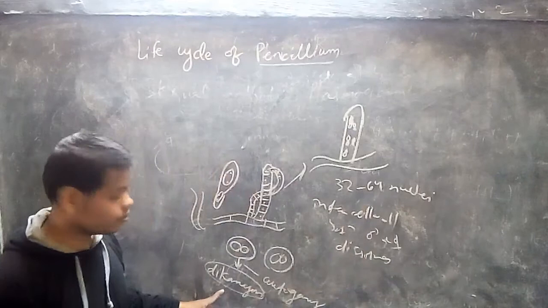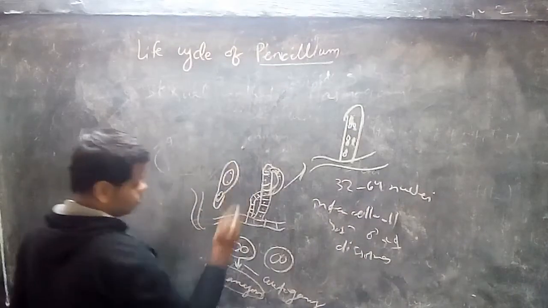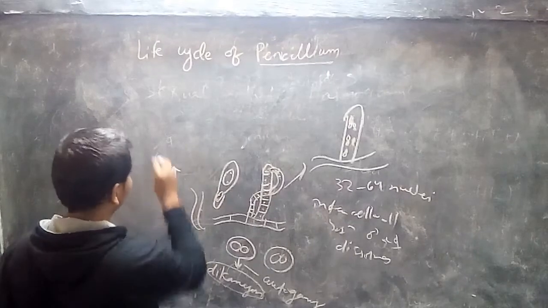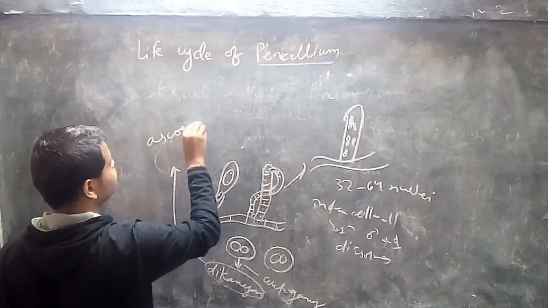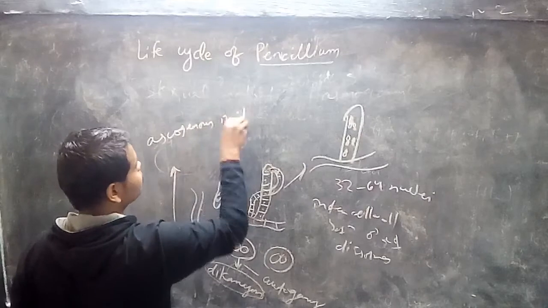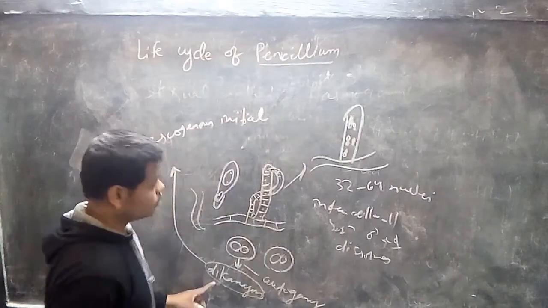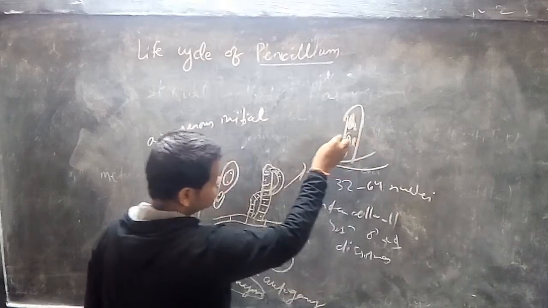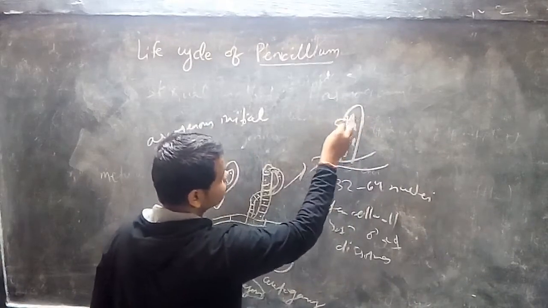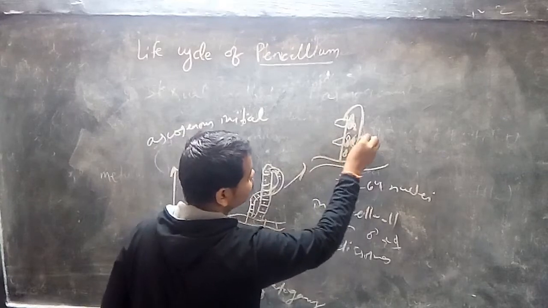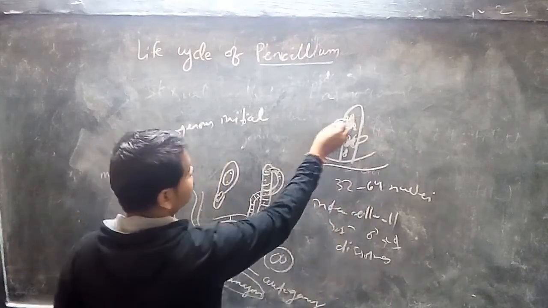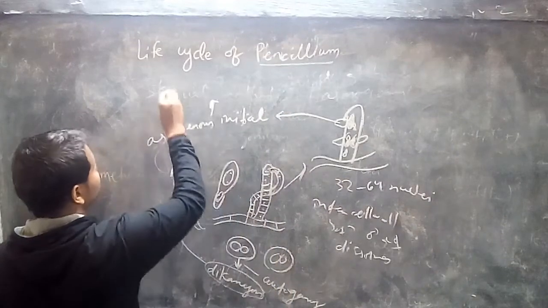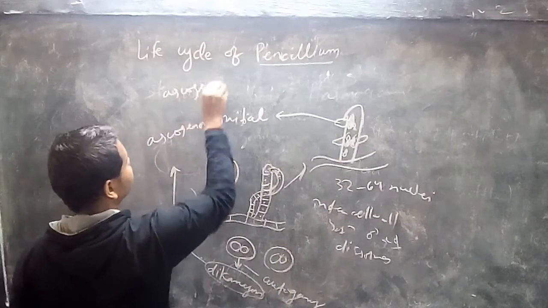These dikaryons form ascogenous initial cells. A single dikaryon forms a single ascogenous initial cell. These ascogenous initial cells form ascogenous hyphae.